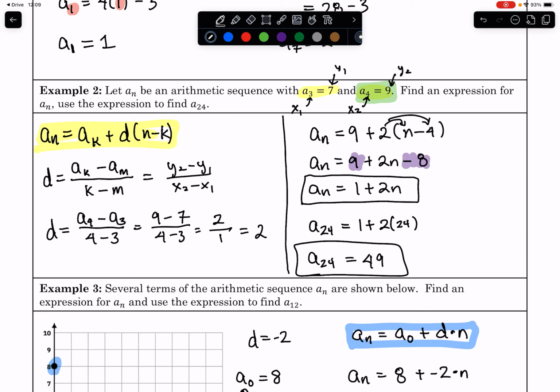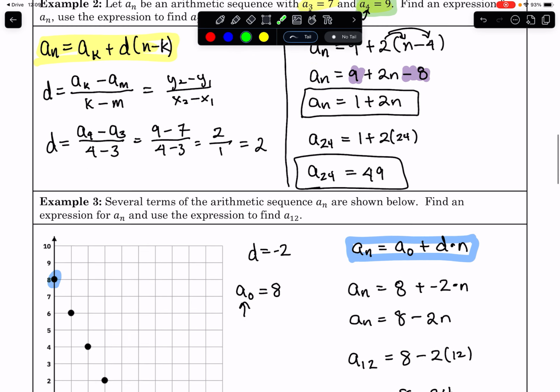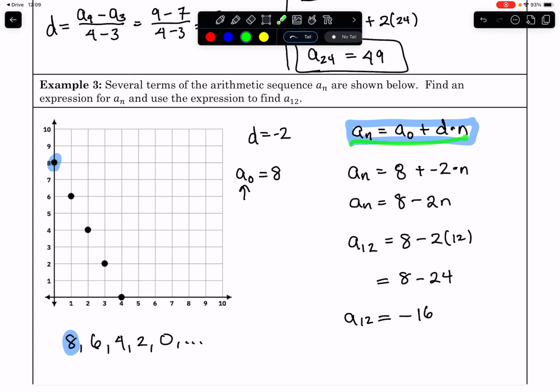That's how I figure out the common difference. Then I substitute it in and simplify, like I did in the previous example, and I get my expression.